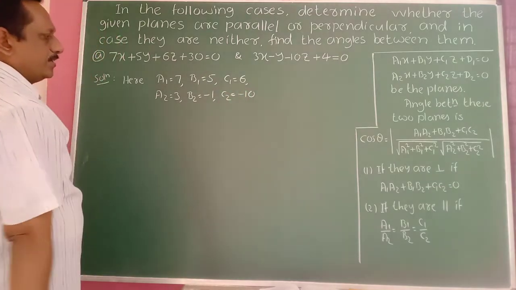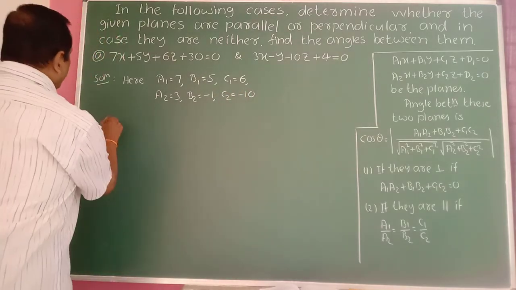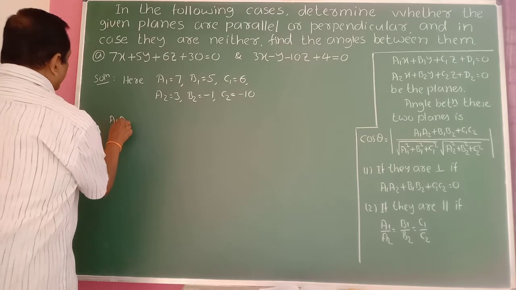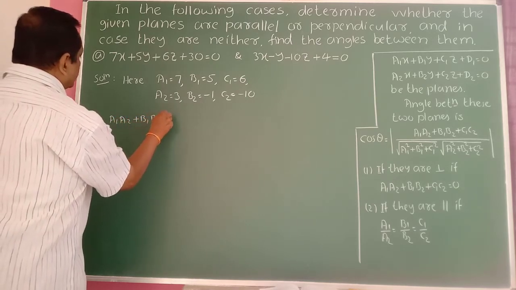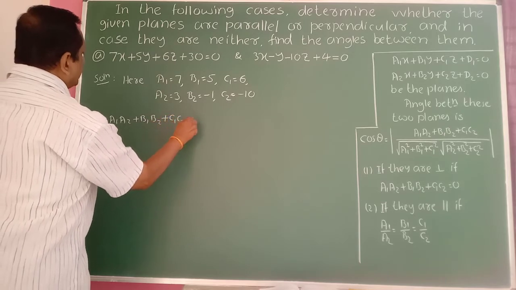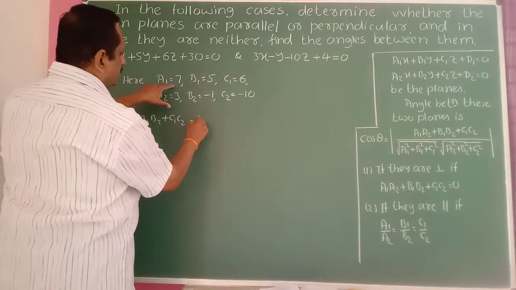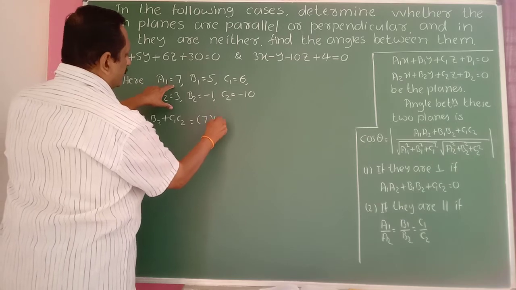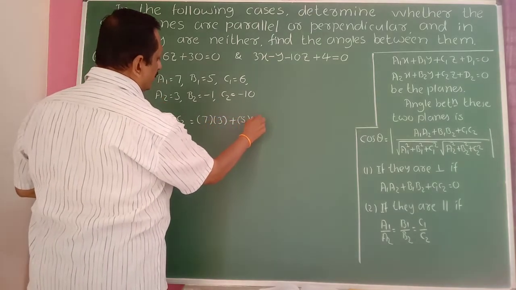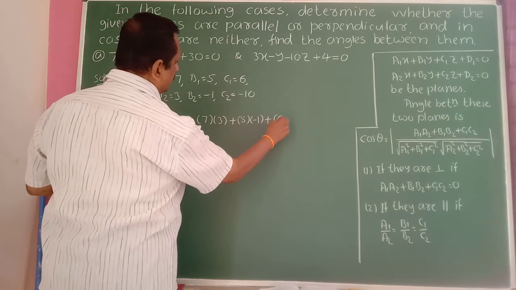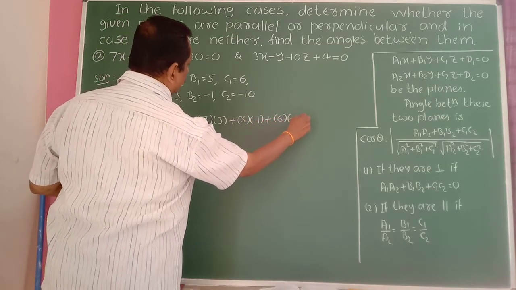Okay. Therefore, A1 A2 plus B1 B2 plus C1 C2 is equal to 7 into 3 plus 5 into minus 1 plus 6 into minus 10 here.